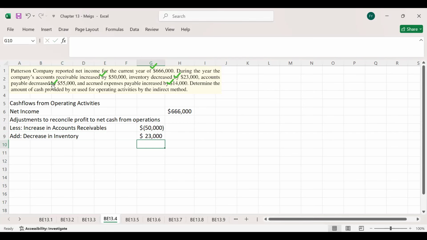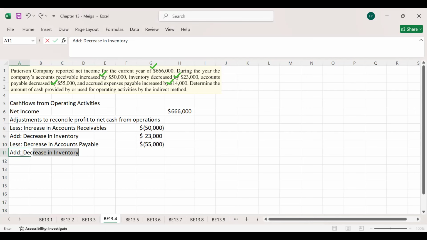And then accounts payable is decreased. There's a direct association between cash flows and liabilities. So if accounts payable is decreased, this means that the cash will also be decreased. So we subtract the decrease in accounts payable, which is 55,000. Then next we have the accrued expenses payable increase. If there's an increase in liability, this means that the cash will also be increased.